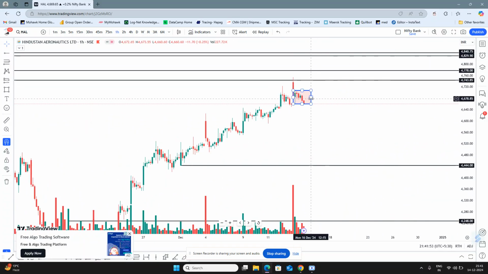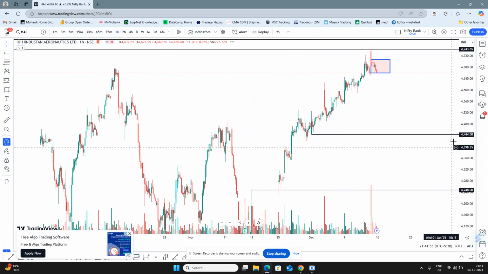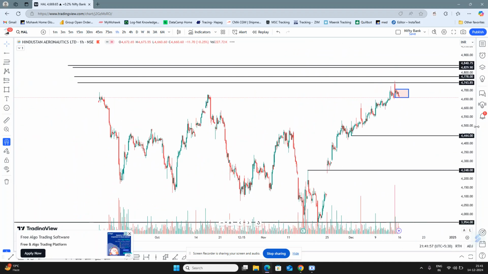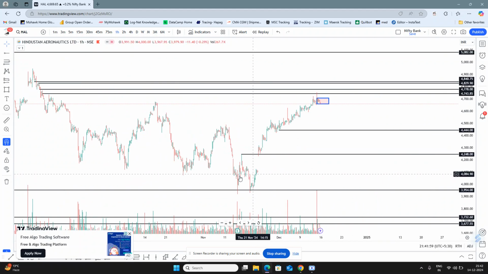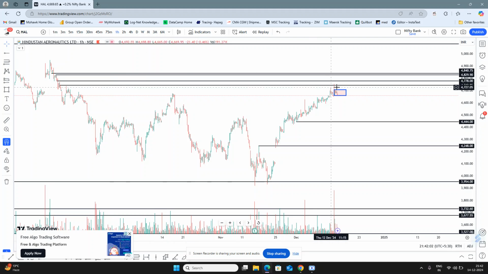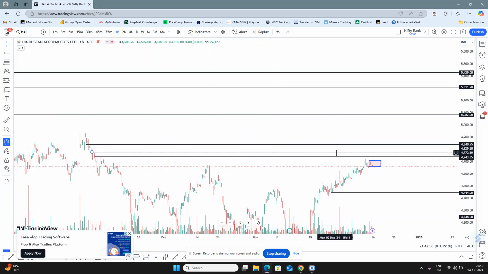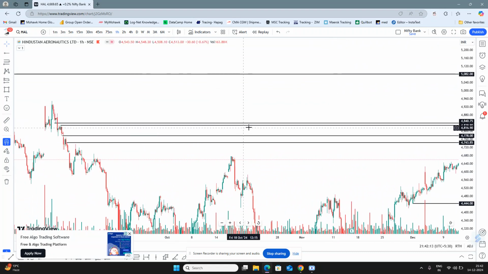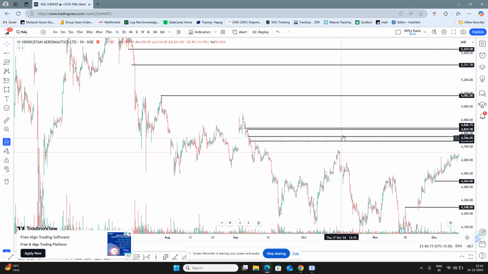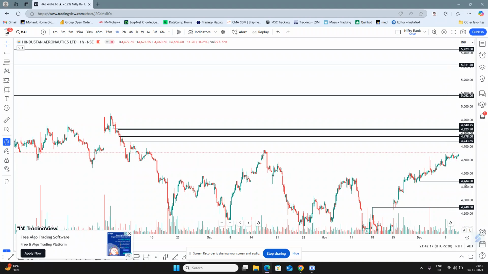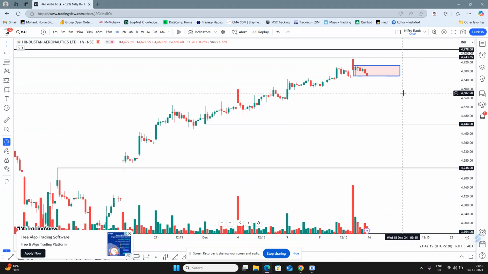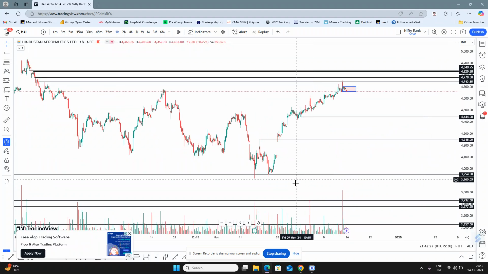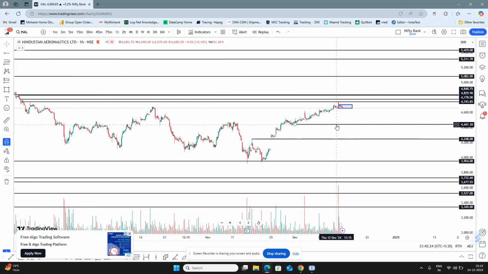So if we see any continuation of this box, we have to target these points in a second. See this. And if you extend the range, it is kind of a rectangle forming. Unless it comes here, we will try to sell only, right? Sell at these points on 1 hour finding good zone. Buying we will only do at these points, not in between.